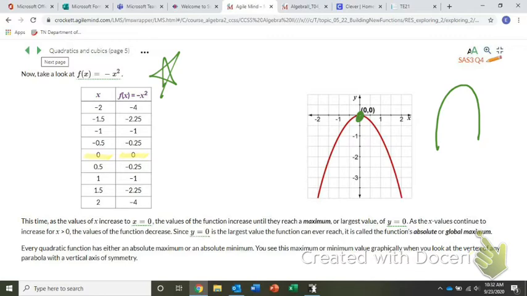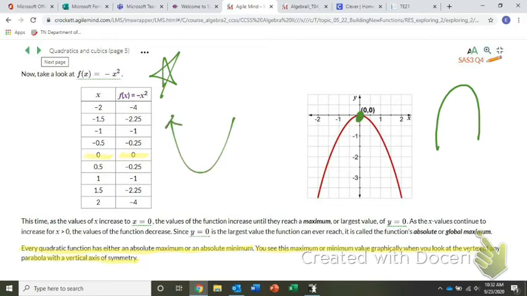Okay? Now look, it says every quadratic function either has an absolute maximum or absolute minimum. You see this max and min value graphically when you look at the vertex of any parabola with a vertex axis of symmetry. So, going to be doodling here. You can just listen.